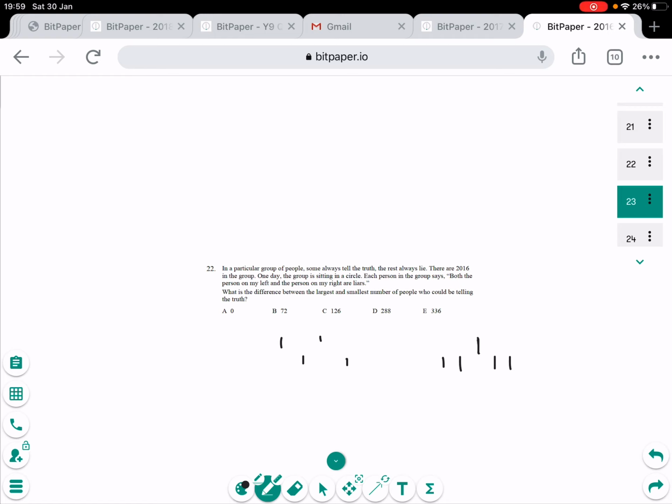As for the first one, it's hard to explain. So 2016 divided by 3 equals 672. And divided by 2 is 1008, so there's 1008, and that's 672. So the answer to question 22 is actually E.